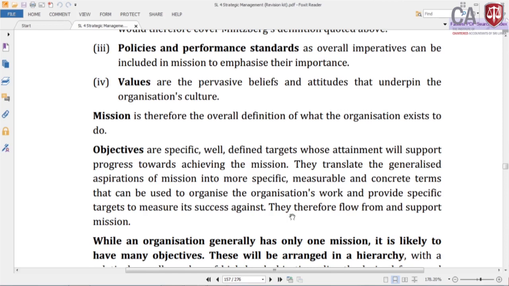They translate the generalized aspiration of mission into more specific, measurable and concrete terms that can be used to organize the organization's work and provide specific targets to measure its success against. Yes, it translates the mission into measurable terms. They therefore flow from and support mission.